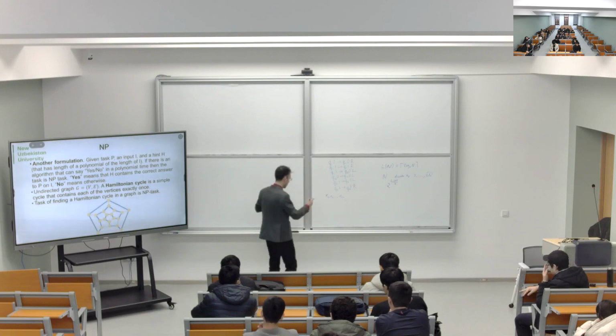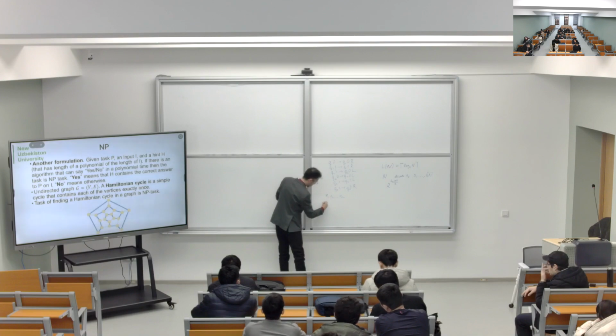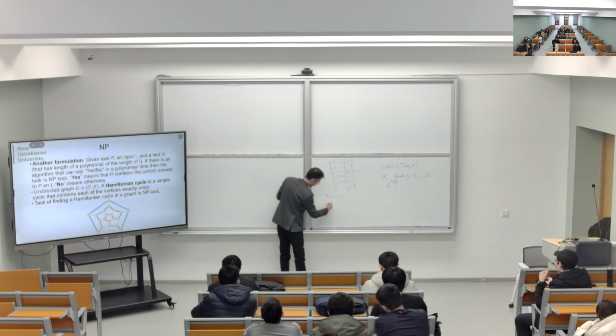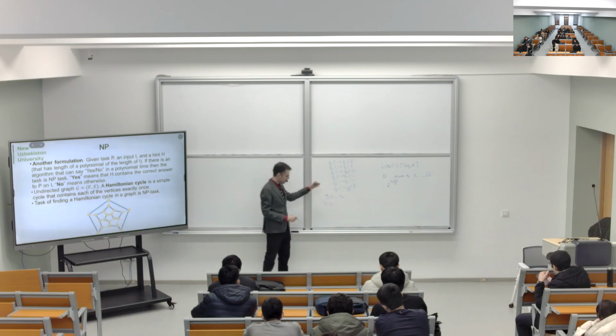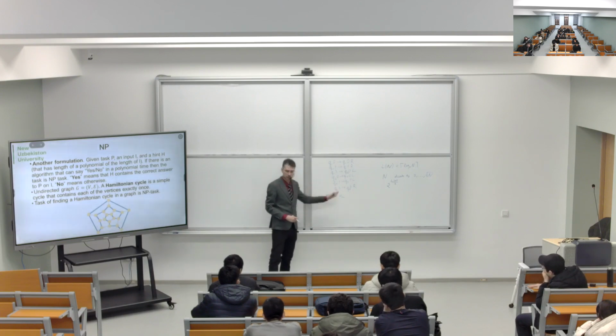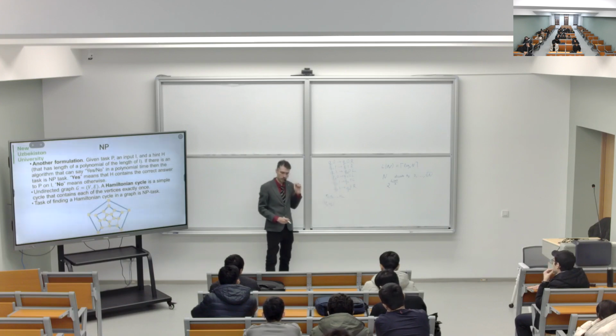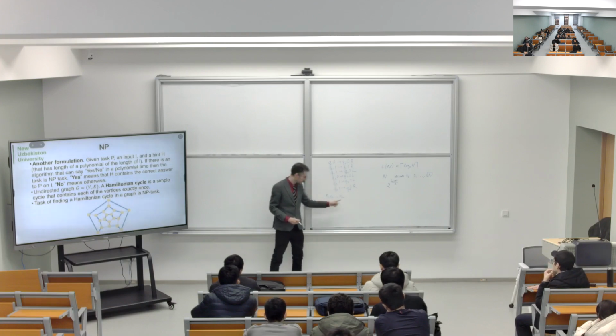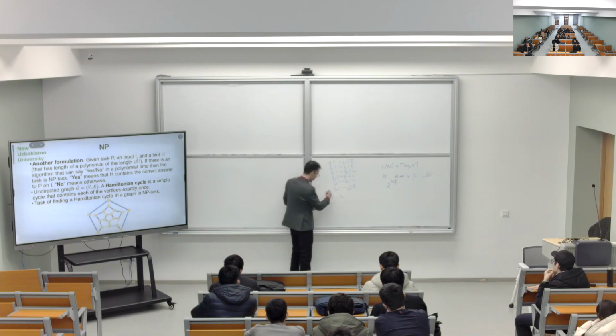So how do I do this? Each edge will be a pair of vertices, V_i1, V_i2, yes? So I describe the graph like this. The length of it is O of M.